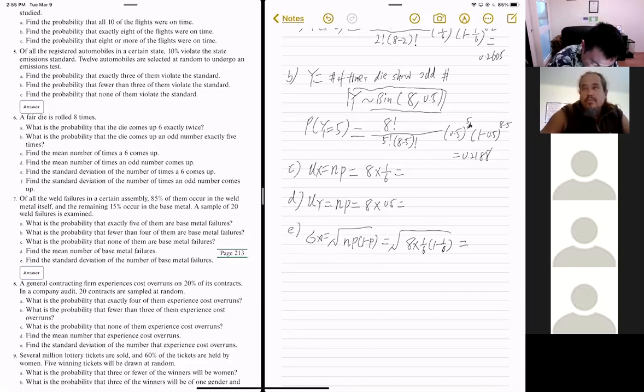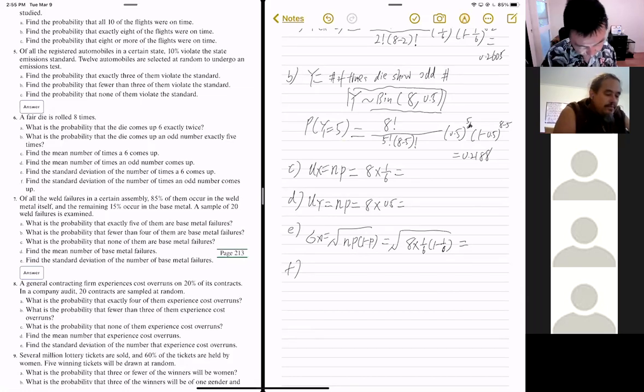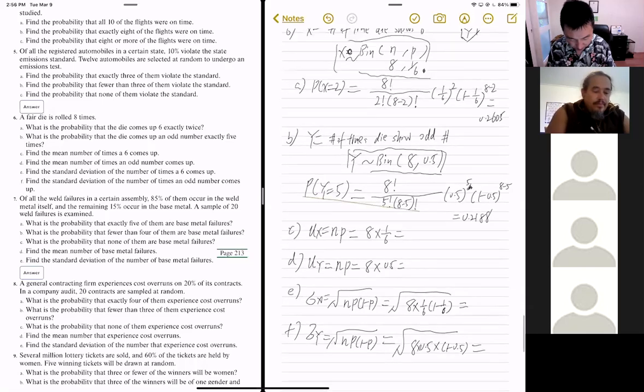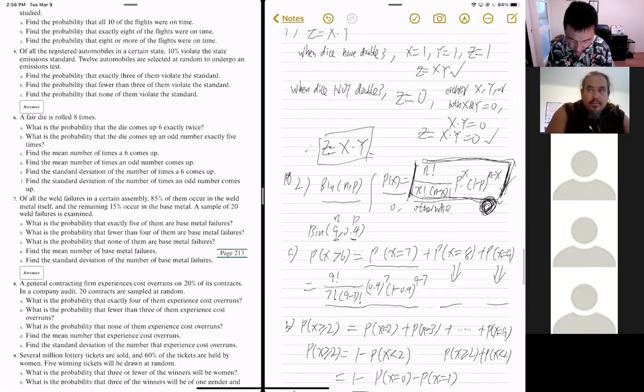And F, the standard deviation of the number of times an odd number comes up, so that is sigma y. N is still 8, but P will be 0.5. All right, that is question number 6, and our last question for binomial distribution. Questions so far?